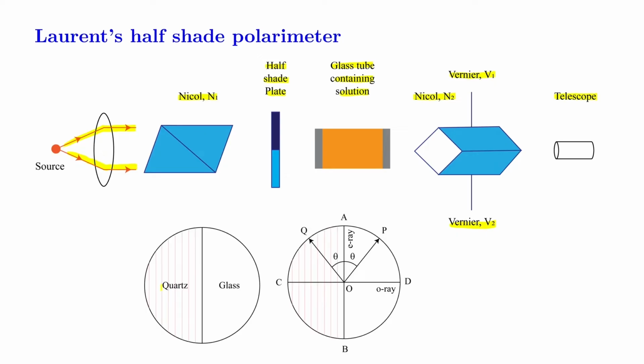A half-shade plate is an arrangement that is made by cementing quartz and glass. So one half of the half-shade plate is made up of quartz and the other half is made up of glass. An important point with regard to the quartz plate is that its optic axis is parallel to the line AB, which is separating the quartz plate and glass.